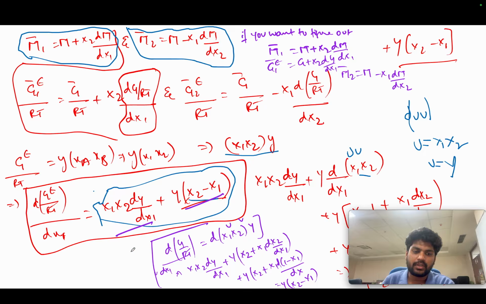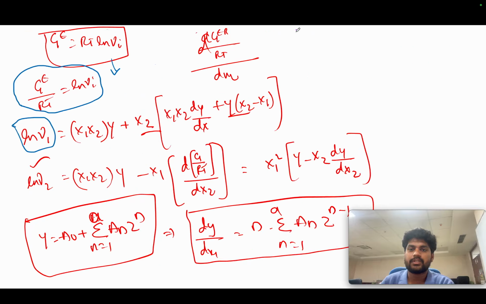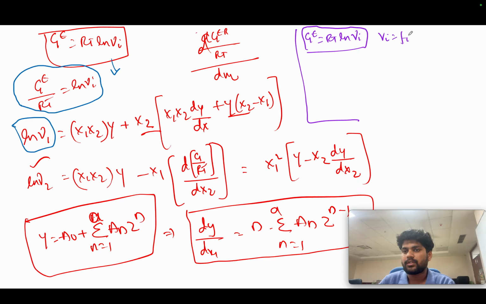And I can understand this equation from here. Once you have this, I will explain it again. The fugacity value is nothing but g equal to RT ln, from the fugacity equations and the Lewis Randall rule, where we know that. Now we already know this from the molar equation.